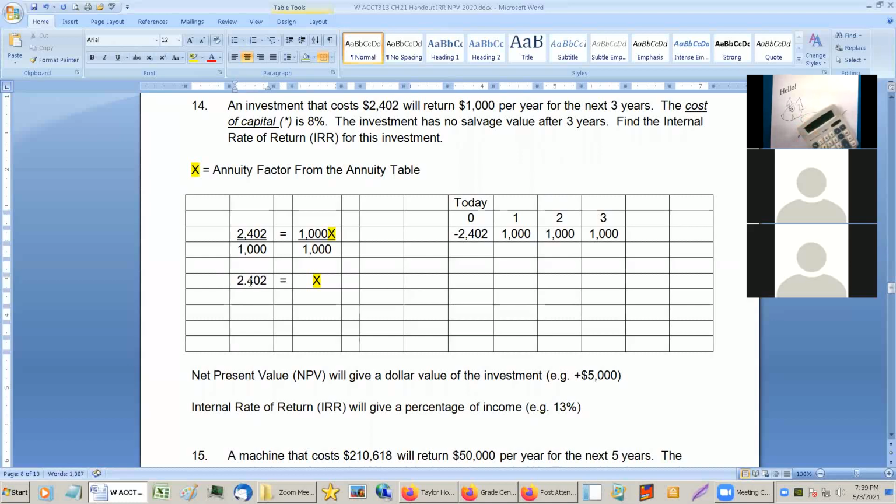Okay, so this is the annuity factor. So we have to go to the table.